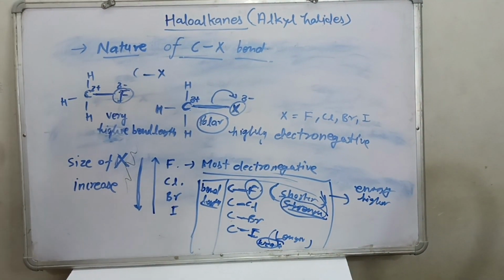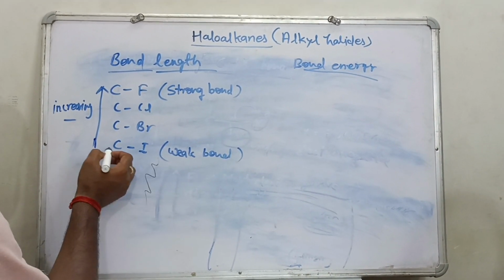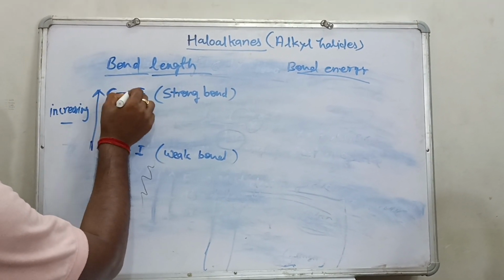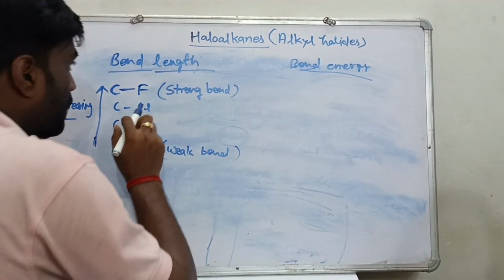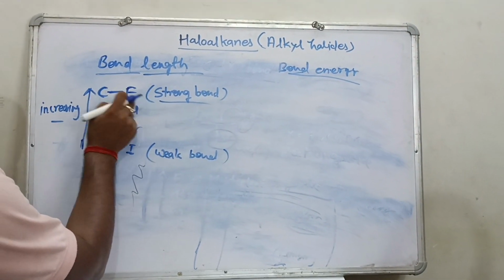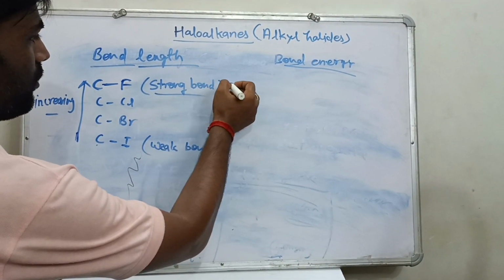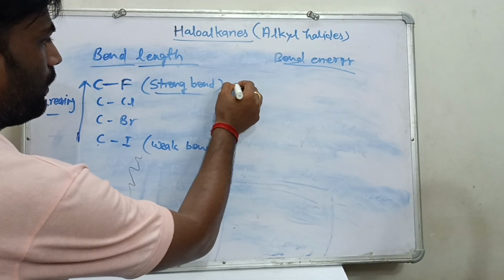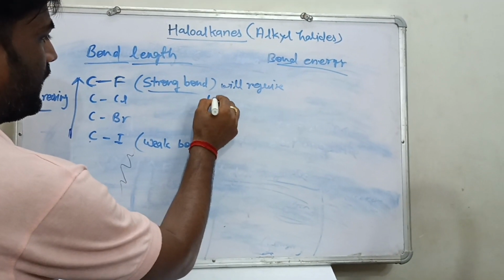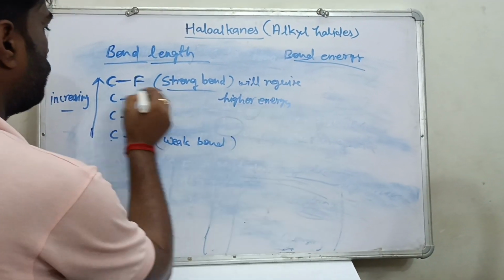So we can write that bond length will increase from C-F to C-I, with C-F having a very low bond length, and the bond will be stronger due to the closeness of the carbon and fluorine atoms. As I explained, a stronger bond will require higher energy to break.